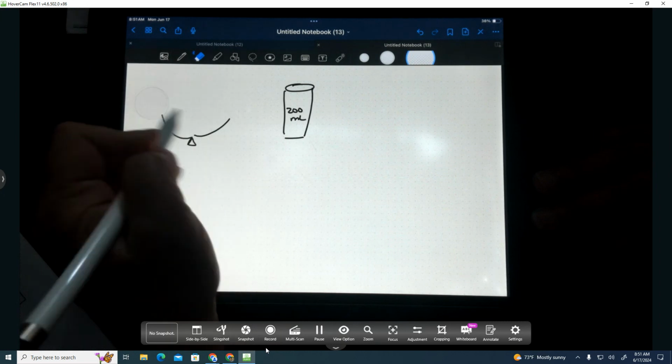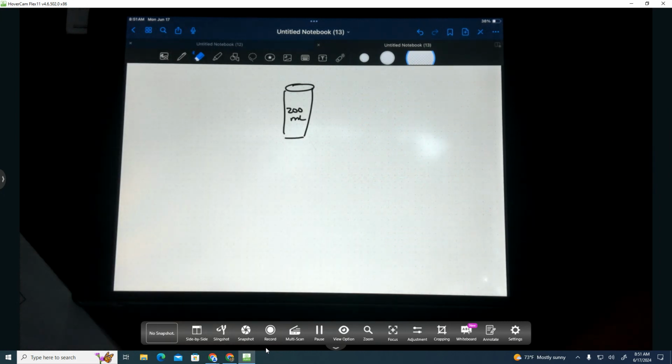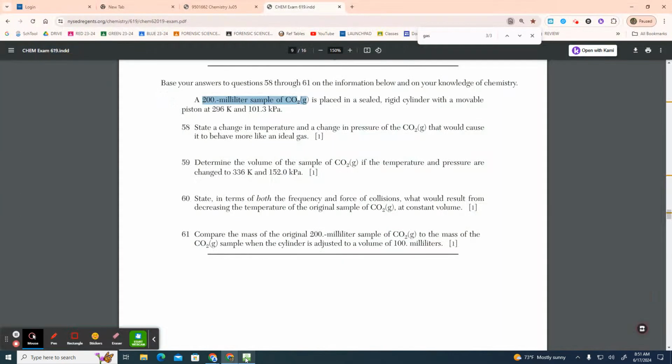That means this thing does not change in volume. It stays 200 milliliters. Balloons expand. Air. With a movable piston at 296 Kelvin, so this thing is 296 Kelvin. That's its temperature, and 101.3 kilopascals.